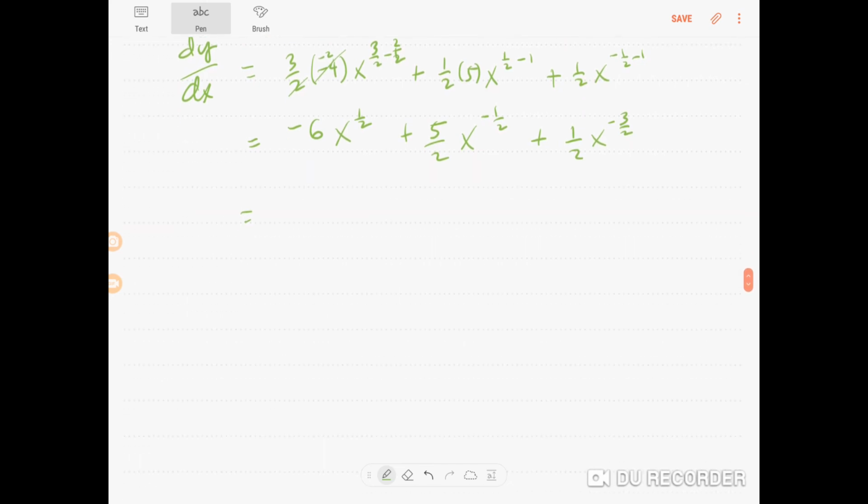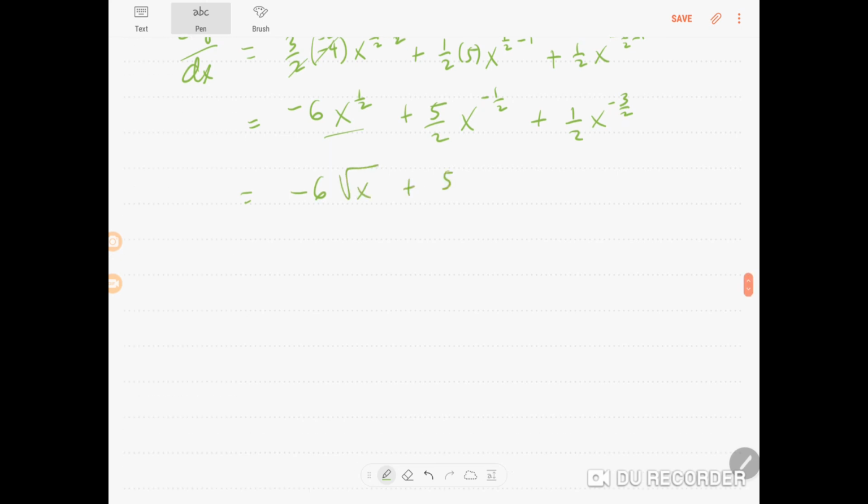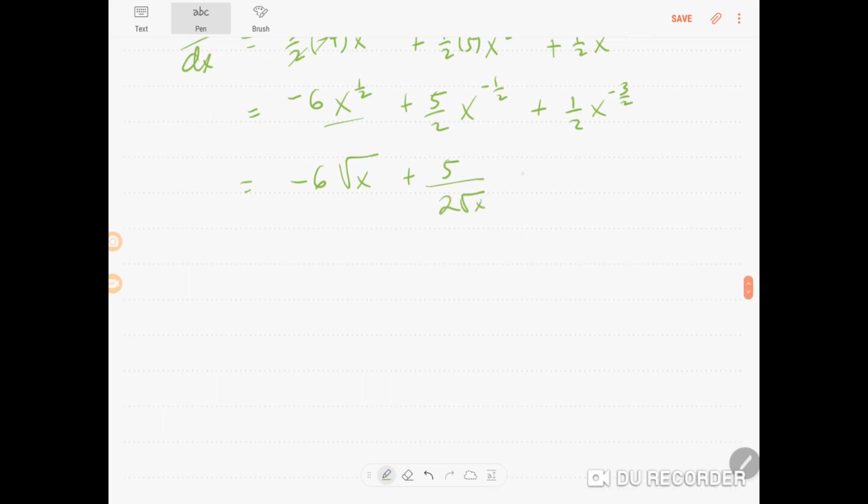So this is what you need to do. And also this one, I'm gonna change it to surd form. So I'm gonna rewrite it as this, and this part will be like this one, and this is basically 2 x to the power of 3. So basically this is it.